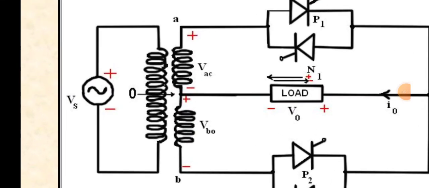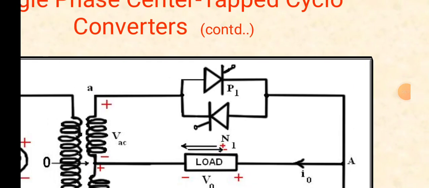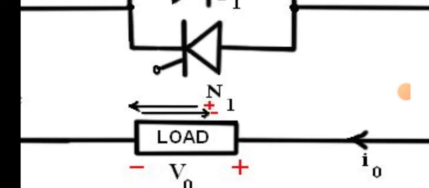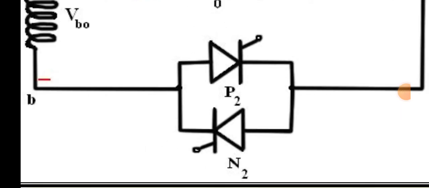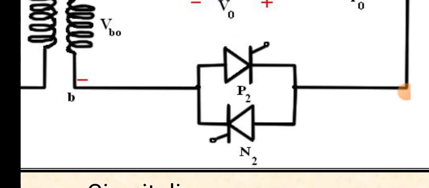In this diagram we have the P1 and N1 thyristors above and P2 and N2 thyristors below. Here P1 and P2 are the positive group thyristors and N1 and N2 are the negative group thyristors.